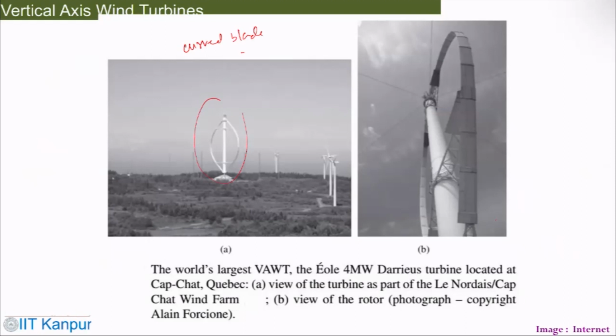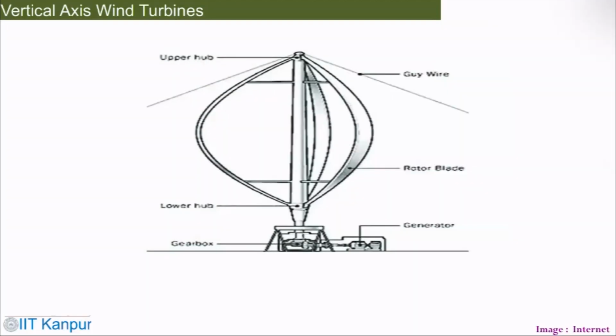Now, if you try to look in a little more detail at the components, here is the image where you can see some of the important components that a vertical axis wind turbine may have. You see this upper half, this lower half, this is the rotor blade, and it is curved like this. Then you have the generator sitting here, the gearbox and everything.